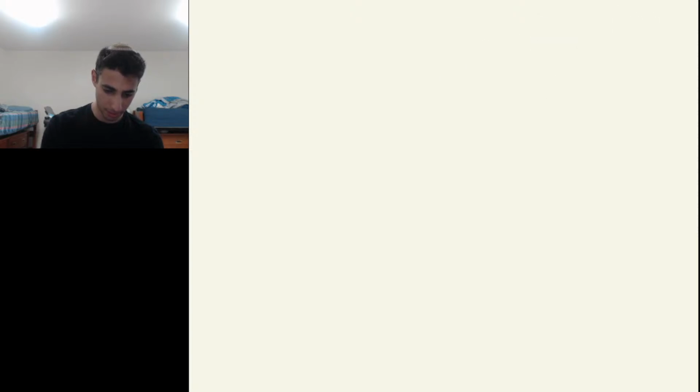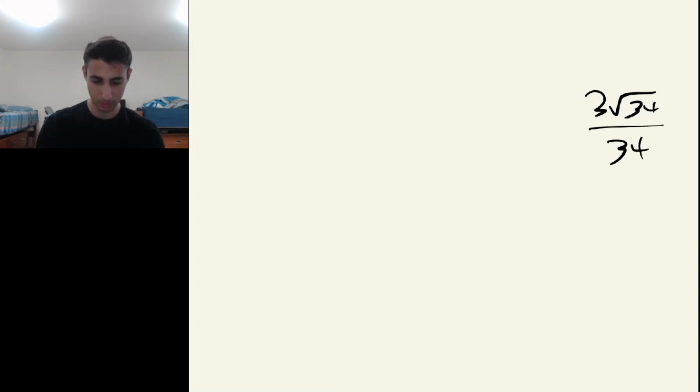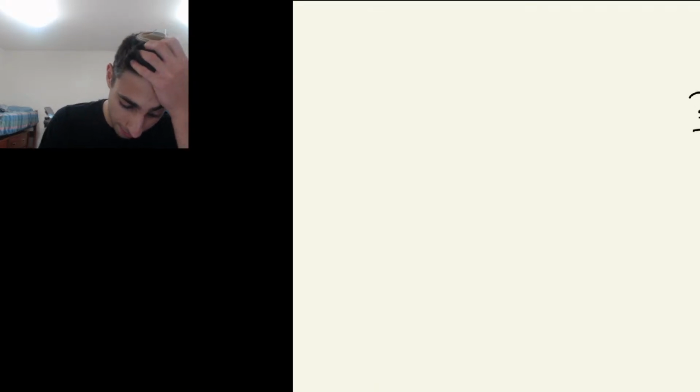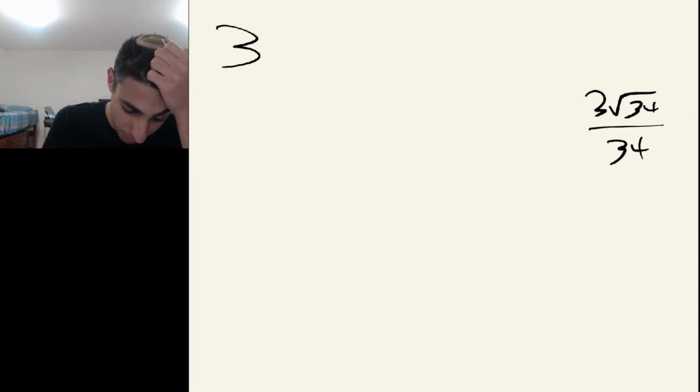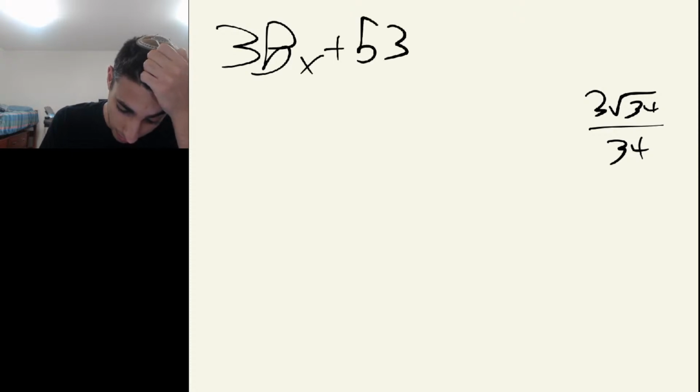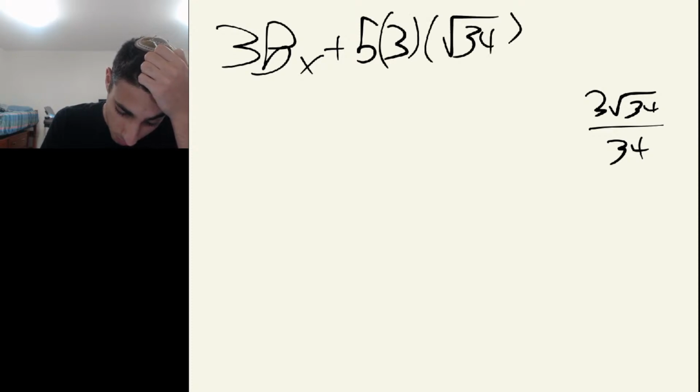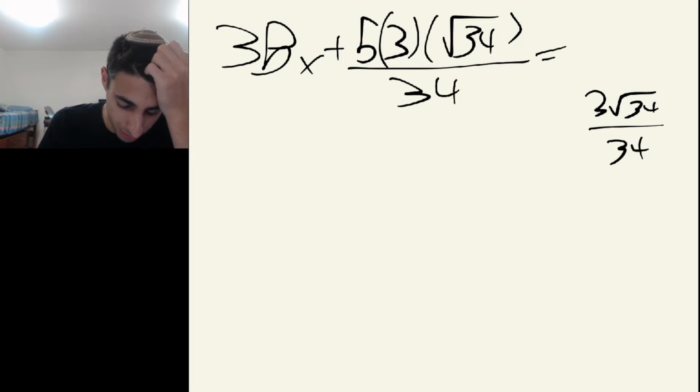So let's remember that by is 3 radical 34 over 34. So let's do it in the other one. We have 3bx plus 5 times 3 radical 34 over 34 equals, and this one was what? 0? 0. Okay.